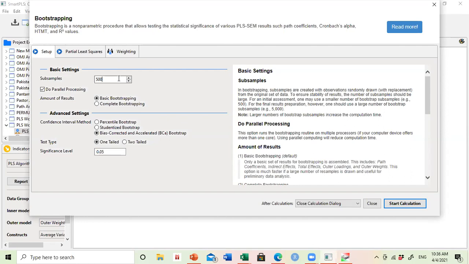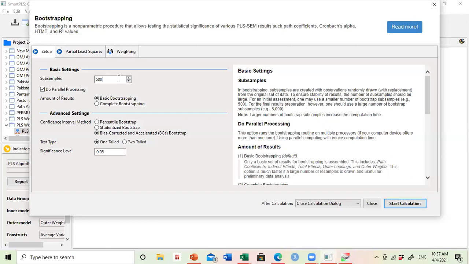If you go for basic bootstrapping, there are some parameters that it will not show. If you say full bootstrapping, it will show everything that is needed. So for just testing of significance, you don't need complete bootstrapping. You only need basic. But for example, if you need the confidence interval of HTMT, you have to go for complete bootstrapping to get it.